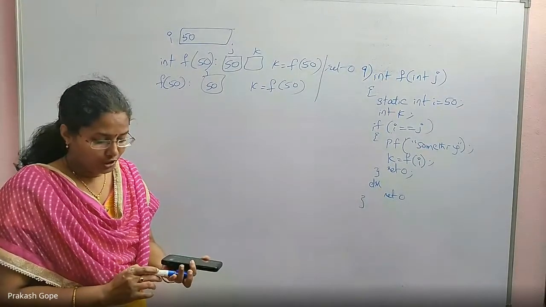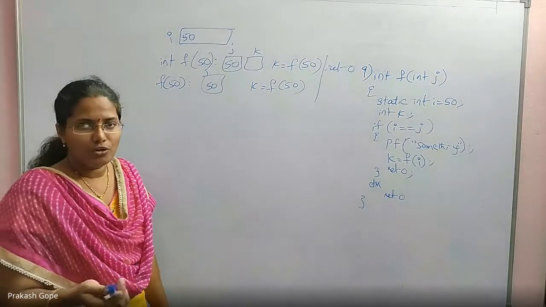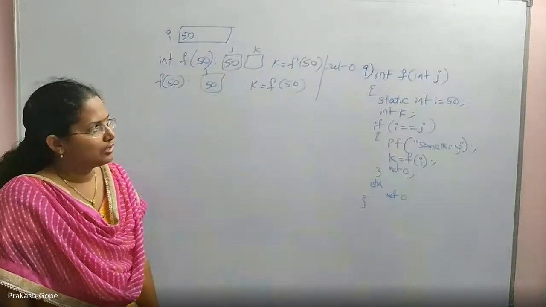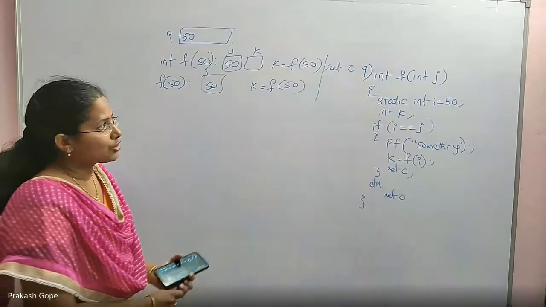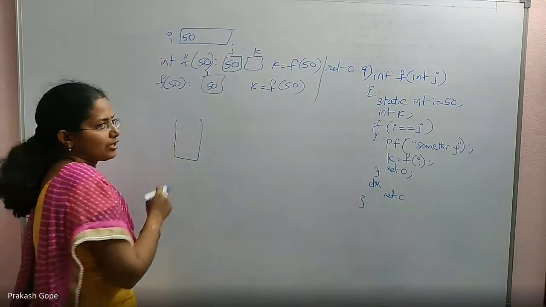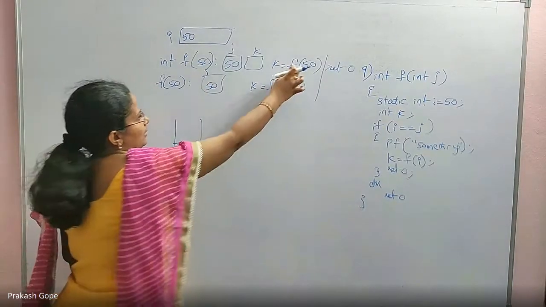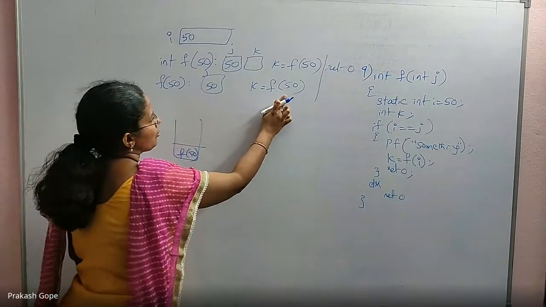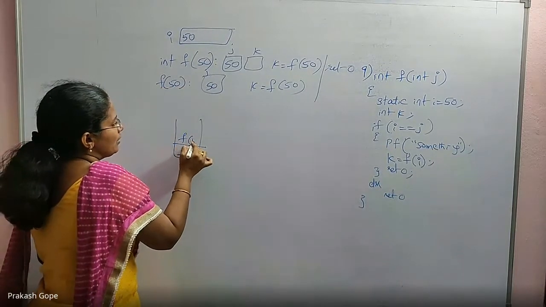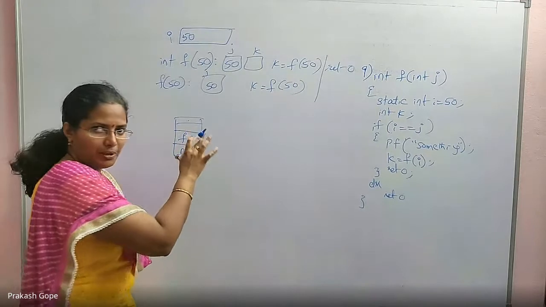I told you, if function calls are repeated again and again, we don't call it an infinite loop, because whenever you do a function call, an activation record is prepared and pushed into the runtime stack. So this function call will go inside, and during this execution there is a function call, so this one will go inside. Like this, the runtime stack definitely has a capacity.